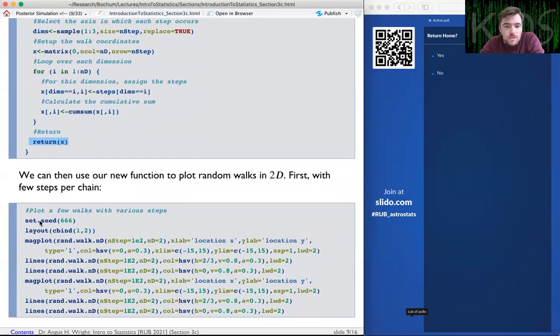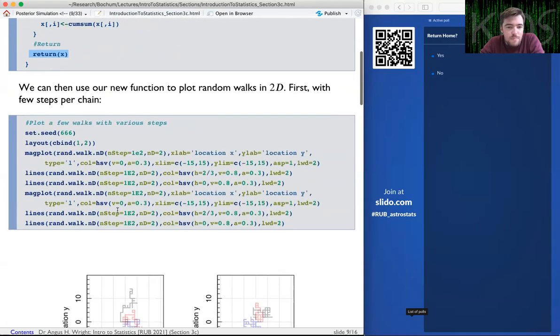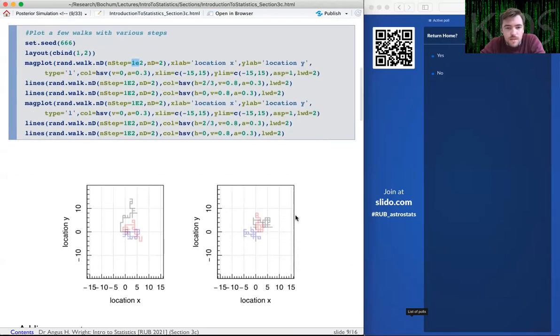And so we can use this function to step in multiple dimensions. So let's do a 2-dimensional random walk. So ND is equal to 2, and let's step 100 times. This is what 100 steps in a 2-dimensional random walk looks like.